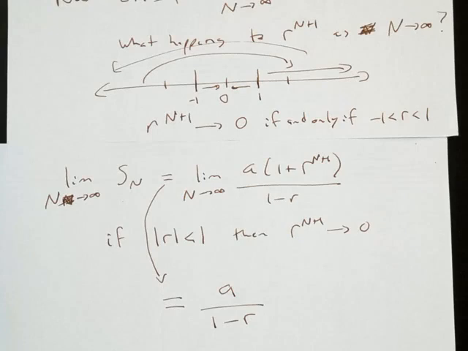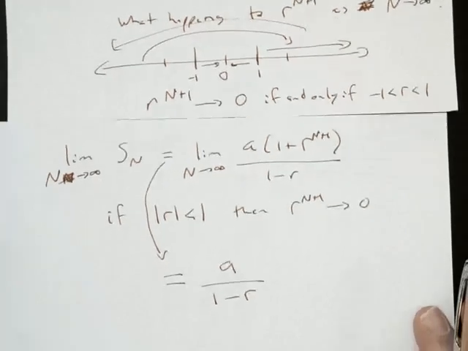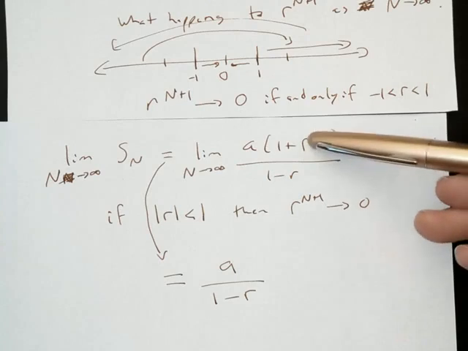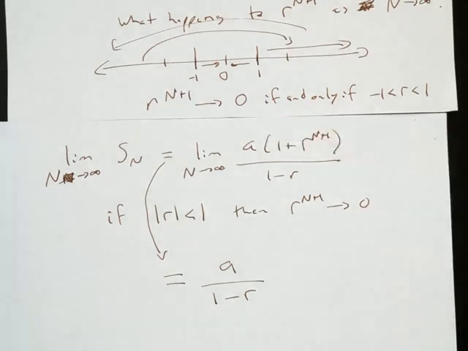Whoa. Hang on a second here. The top, this piece will be a 0, so the top will be a times 1. The bottom will be 1 minus r. I just get a over 1 minus r.